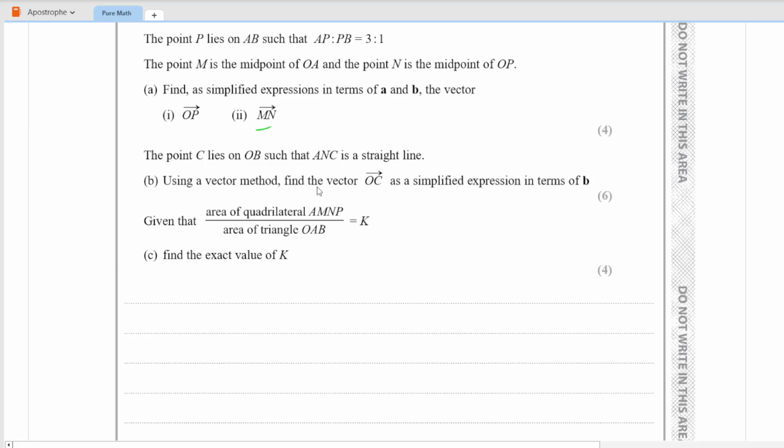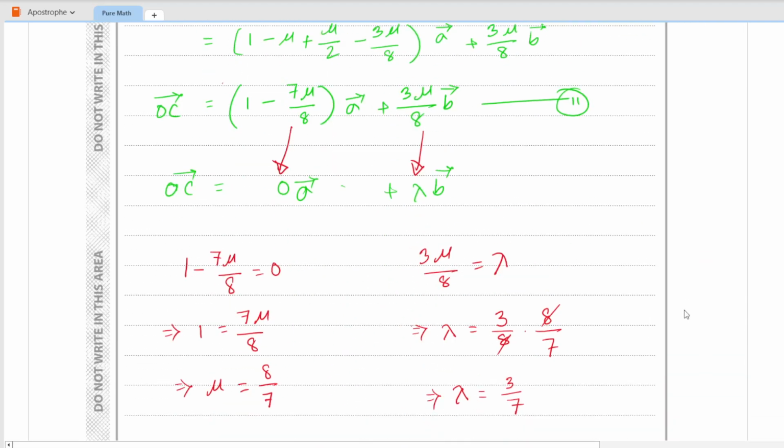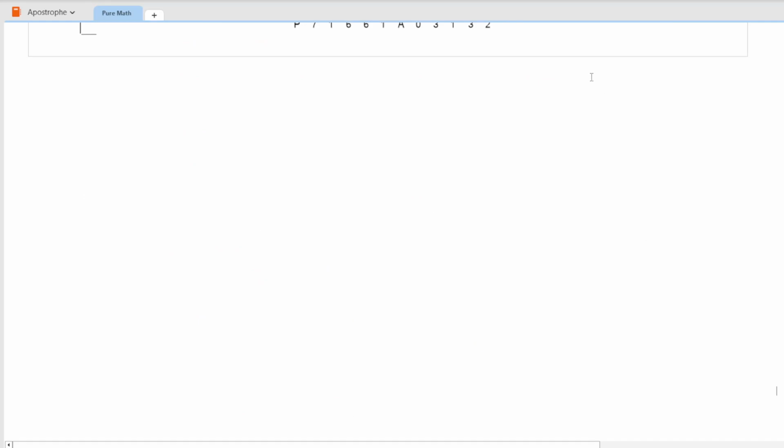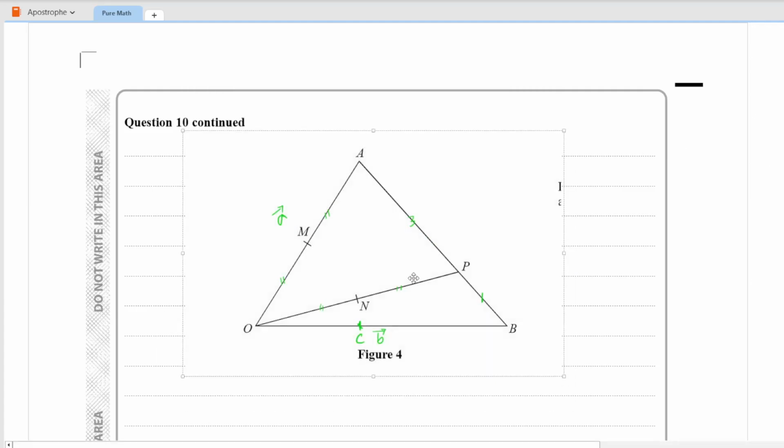Okay, using a vector method, find the vector OC. Sorry, given that area of quadrilateral AMNP over area of triangle OAB is equal to K. Okay, so we have the triangle here.